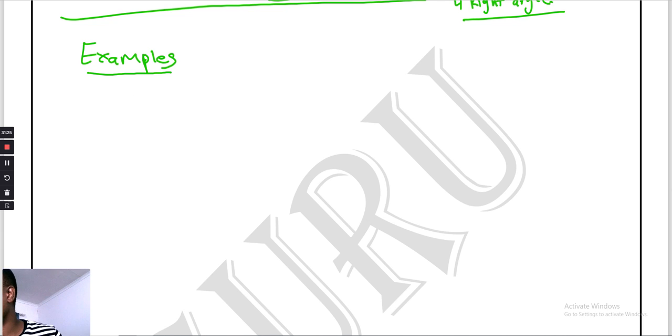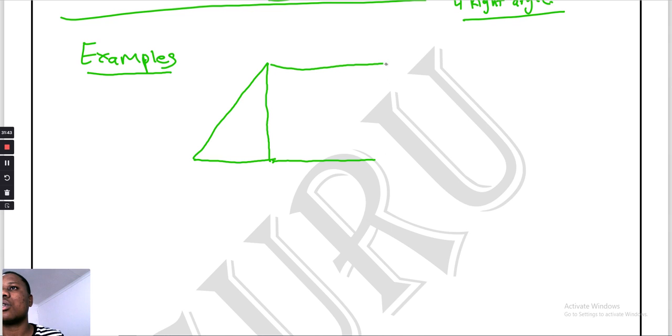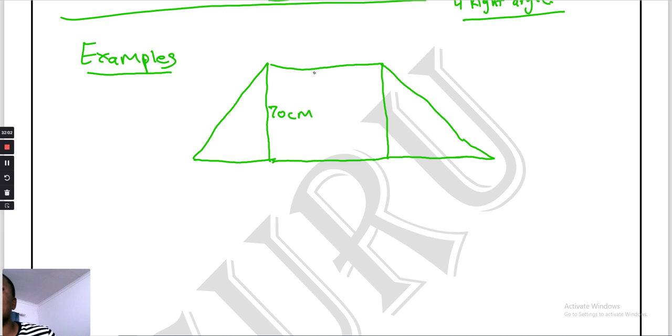Okay, let's say you are given this shape here, and you are given 70 centimeters, you are given 90 centimeters, and then you are given 500 millimeters, you are given 500 millimeters.